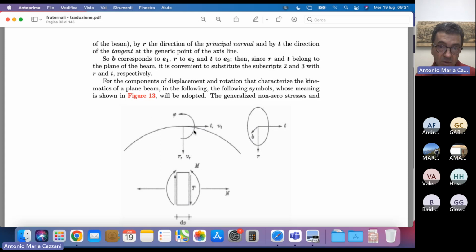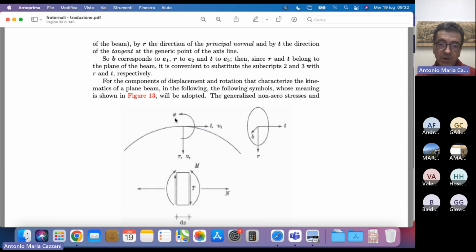The bending moment M, as a vector, is perpendicular to the plane of the beam, so it has the same direction as the binormal. To this moment is associated, as a kinematic variable, the rotation of the cross-section, denoted here by phi.